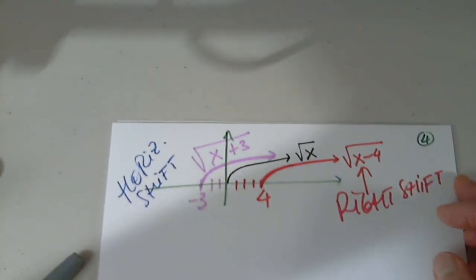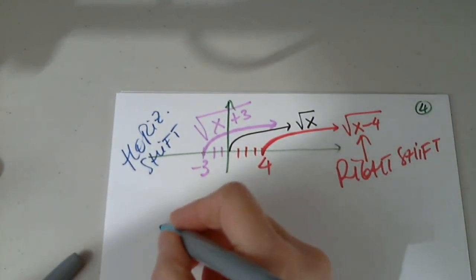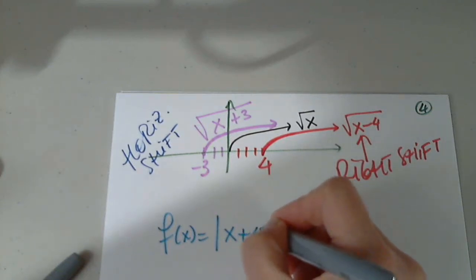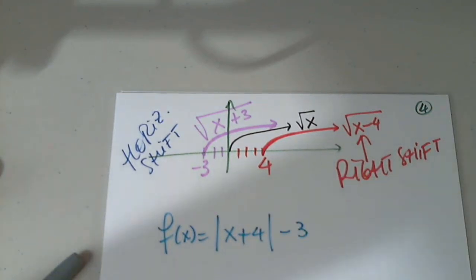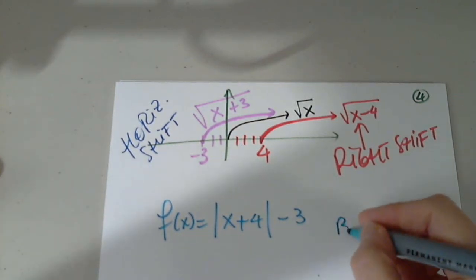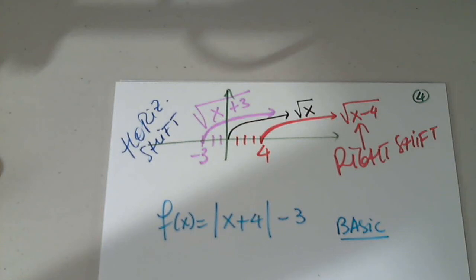Okay, I'm going to create a combo now. So let's say we have f of x, which is the absolute value of x plus 4 minus 3. And you can say, how do I start this? How do I think about it? Very simple. First, like before, we have to identify the basic function I used.